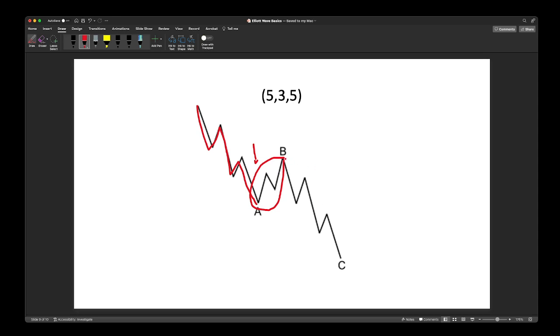Inside the C, which is this stuff, you'll find your 5-wave movement, making it a 5-3-5 pattern. That's the most basic, most common retracement pattern. It's a zigzag made up of 5-3-5.